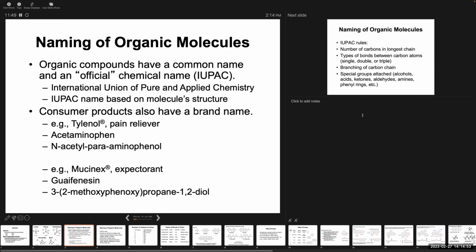The 1,2-diol tells me that there are alcohol groups on the number 1 carbon and the number 2 carbon of that propane carbon chain. So there's an OH group on the first carbon and an OH group on the second carbon in that propane. And then on the 3rd carbon of the propane, you have the rest of that stuff. So the 3 tells me that 2-methoxyphenoxy is on the 3rd carbon of the propane. And once again, you can dissect that part of the name.